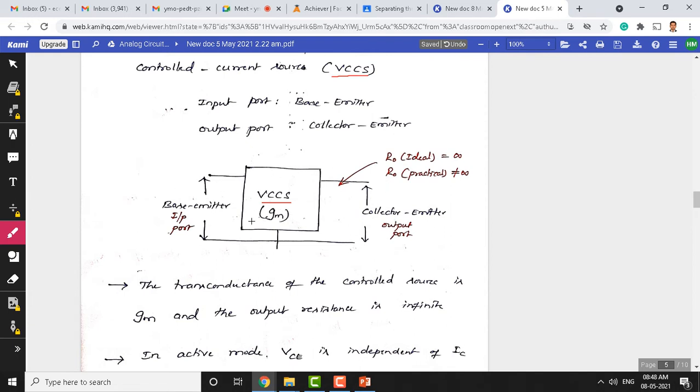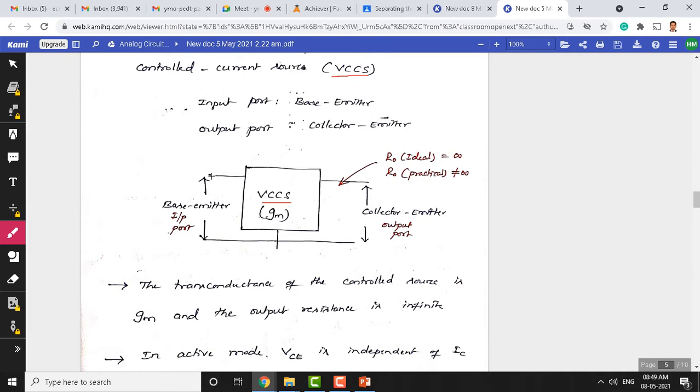And if you look at the resistance of this VCCS configuration, the ideal value of output resistance will be infinite, but practically if you measure it, it will not be equal to infinity. This is the resistance measured across the output port of this VCCS configuration. We should know under what conditions the BJT circuit behaves as a VCCS.